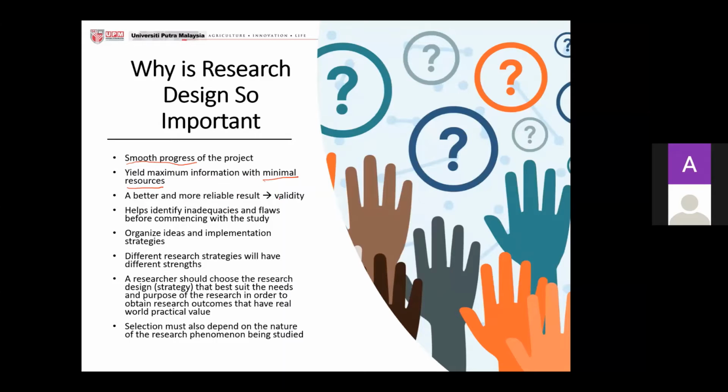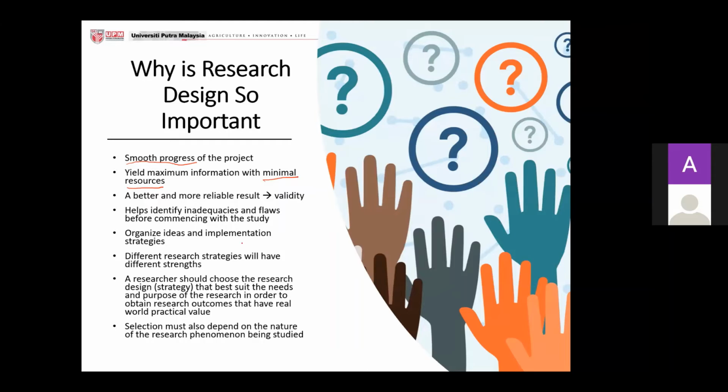Then you also have to start thinking about the validity of your result. Later on, when you collect your data and analyze your data, how sure are you that the data is correct? Is it valid? We will cover validity as well in the measurement topic. Here we start looking at how you can test the validity of your data.